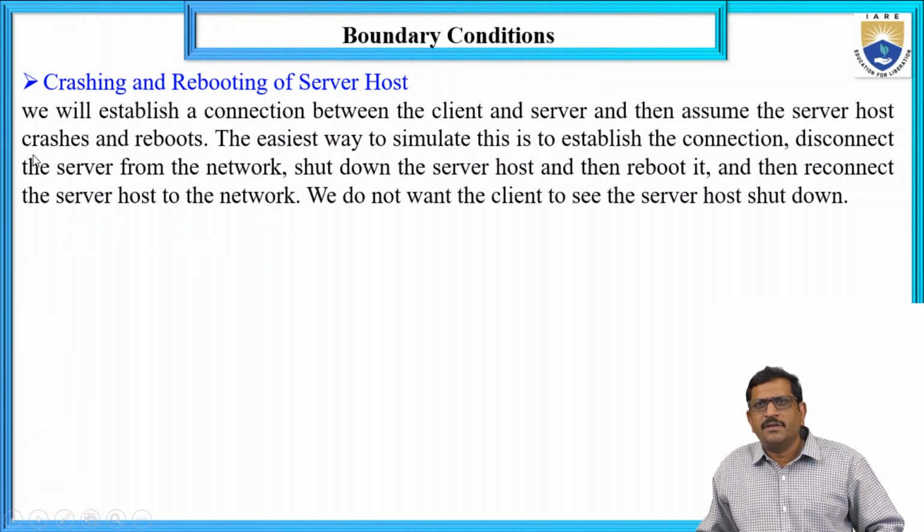In crashing and rebooting, shut down the server host and reboot it. After rebooting, the server will restart, and we have to reconnect the server host to the network over which we are performing the communication.